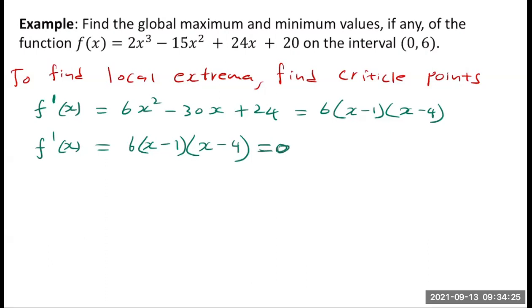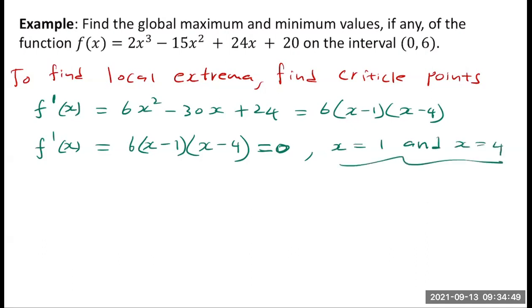Notice that to find critical points, you can set the derivative to 0 because the derivative is defined everywhere. As you can see, this is a polynomial, defined everywhere. So you just set that to 0. If you set this to 0, you get x is equal to 1 and x is equal to 4. These are the critical points.